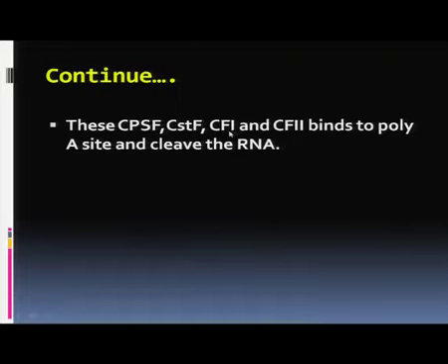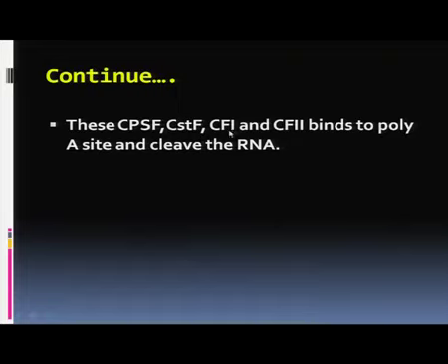Now, this RNA is considered as pre-messenger RNA, and now this pre-messenger RNA will undergo 5 prime capping and 3 prime poly A tail formation. Now, how is the poly A tail synthesized?